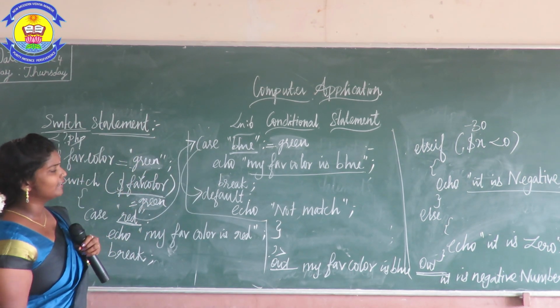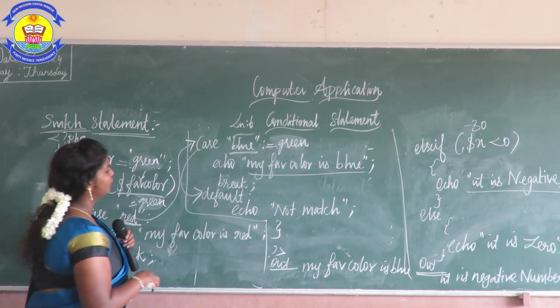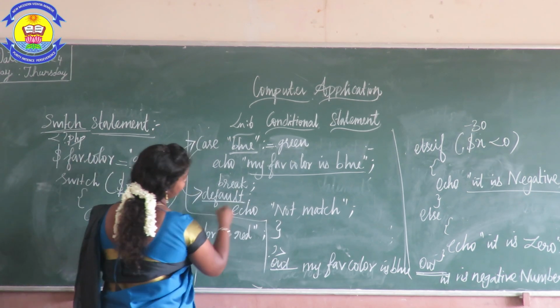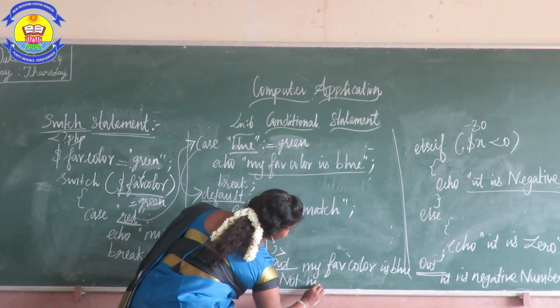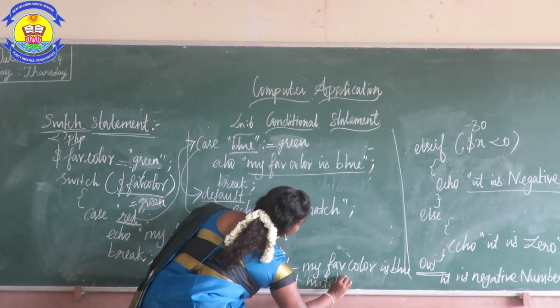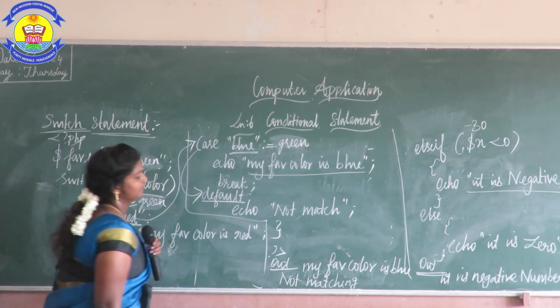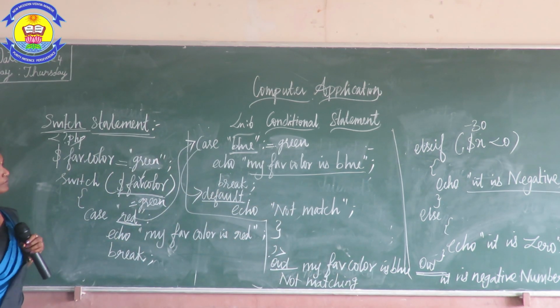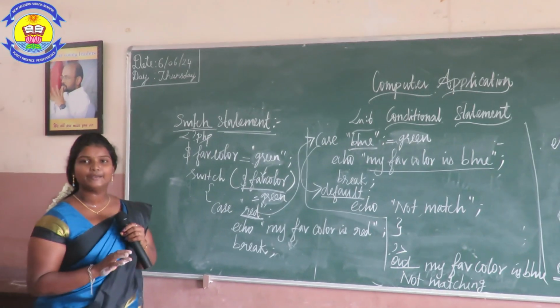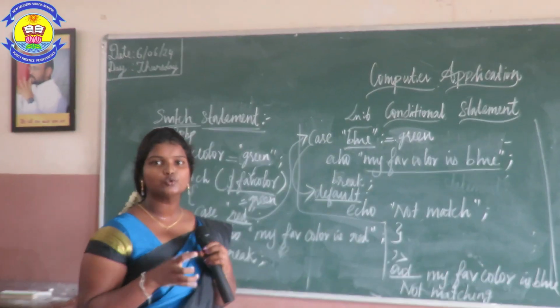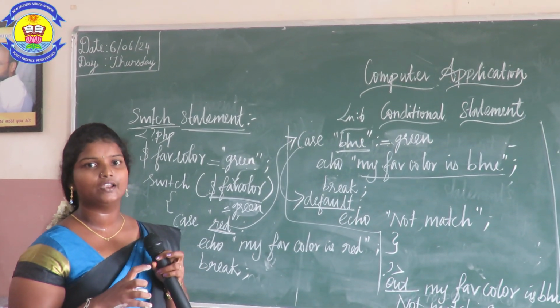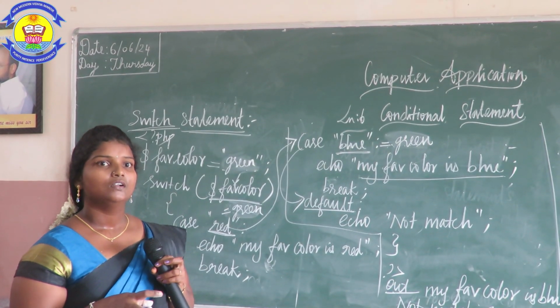The default block is like an else block. It will execute, and the answer is not matching. Okay, is it clear? This is very important, because we are going to choose alternative decisions in our programming language.